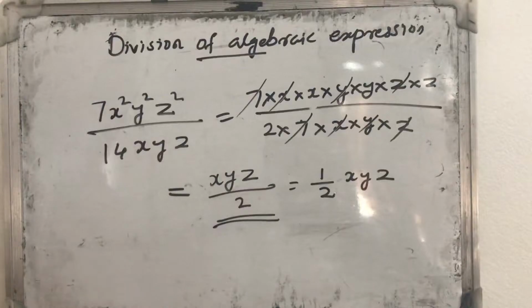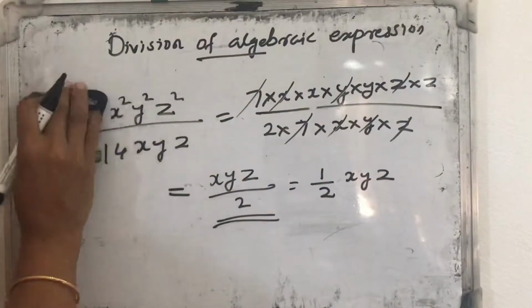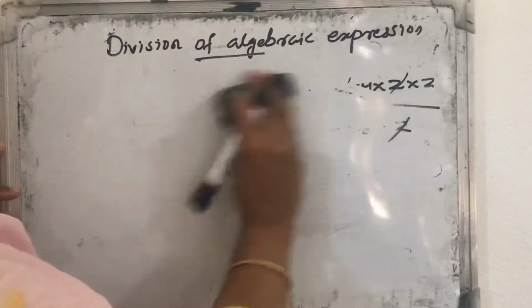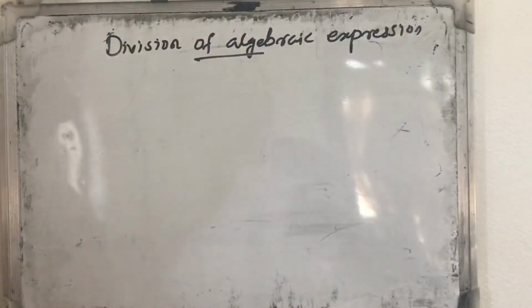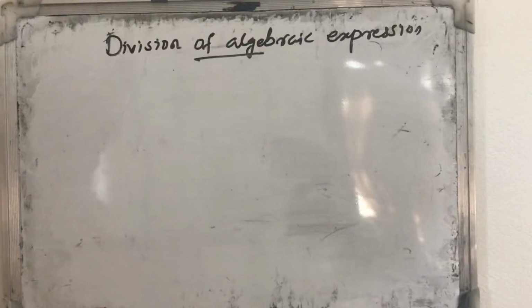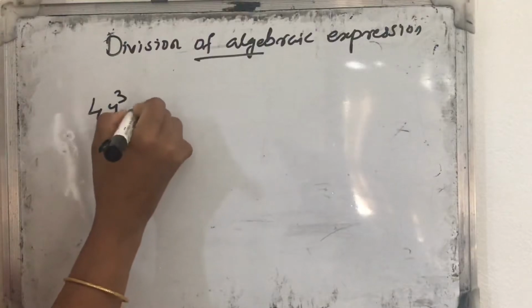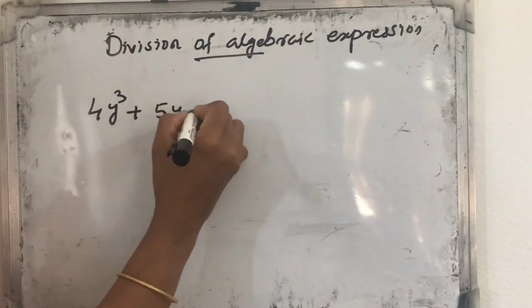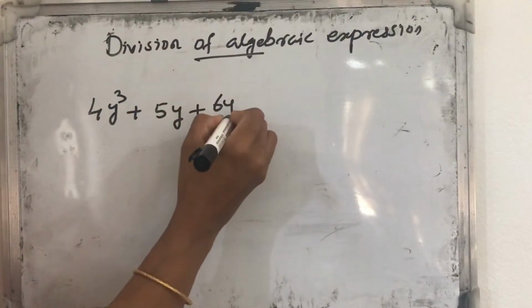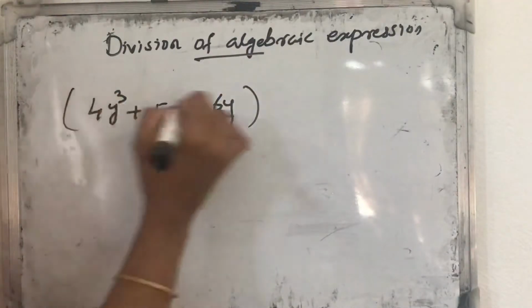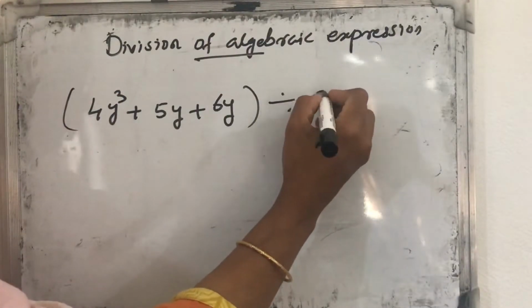Now when we divide a polynomial by a monomial, what will happen? Look at one question: divide 4y cube plus 5y square plus 6y by 2y.